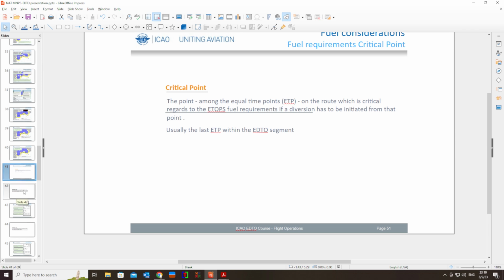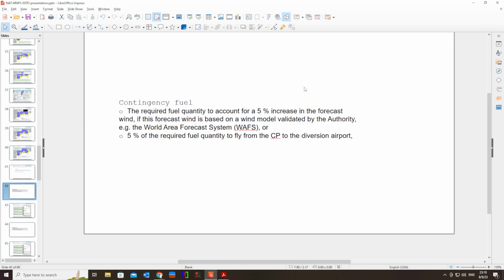Critical points, I'm not going to go and take that. This is the contingency fuel. It's 5%. It depends on whether you're operating under EU or FAA regulations. However, you can further reduce that, up to 5% for the EU flagships and up to 2 or 3%. It depends on the aircraft. Sometimes it goes under 2 or even 1.